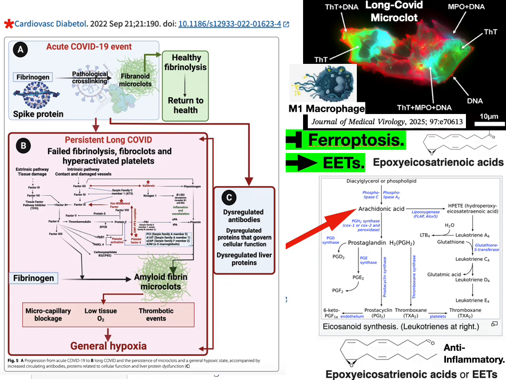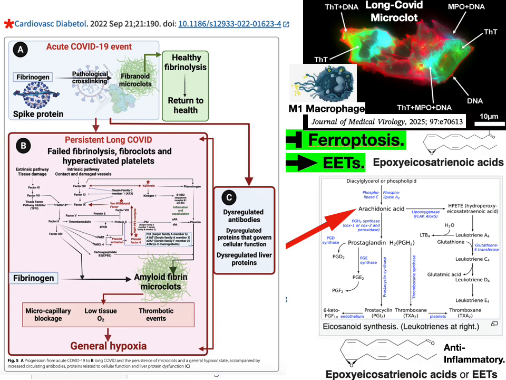And this is illustrated from a figure in the 2022 paper. Panel A shows an activation of fibrinogen linked with the spike protein in the vicinity of platelets, and the pathological cross-linking forms fibrinoid microclots. Those would be normally degraded by fibrinolysis as the body returns to health.